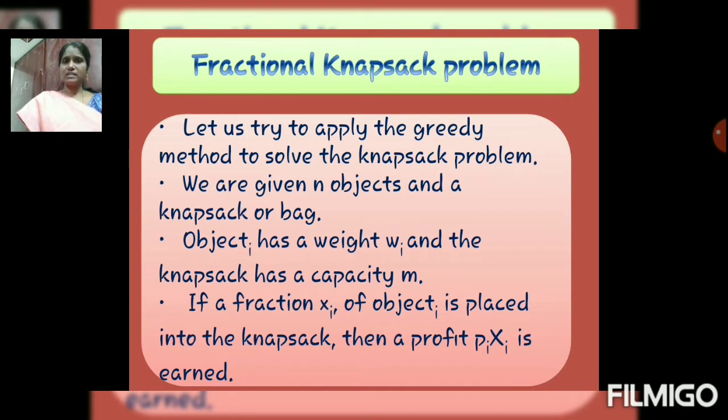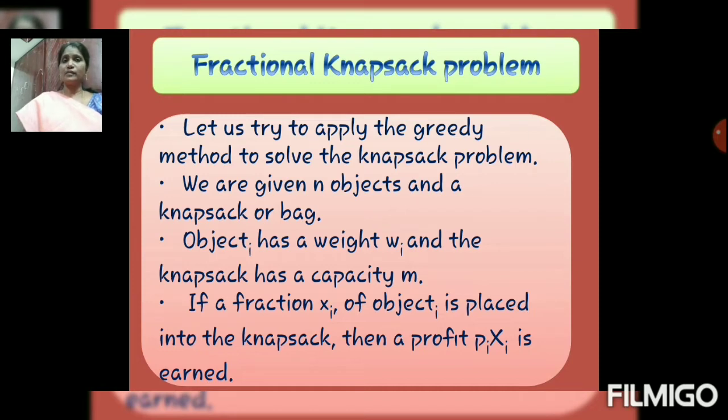For 10 kgs of tomato you have 20 profit. For 10 kgs of sugar you have 30 profit. Let's take it like this. For example, you are filling the bag with only 5 kgs of tomato out of 10 kgs.